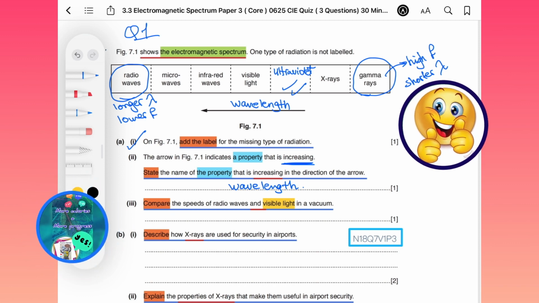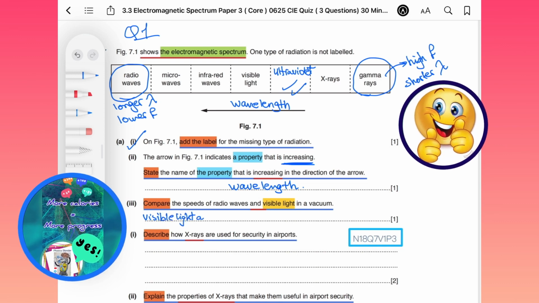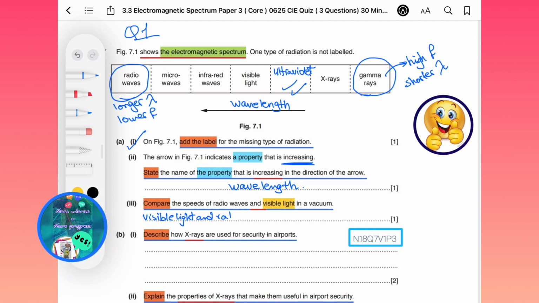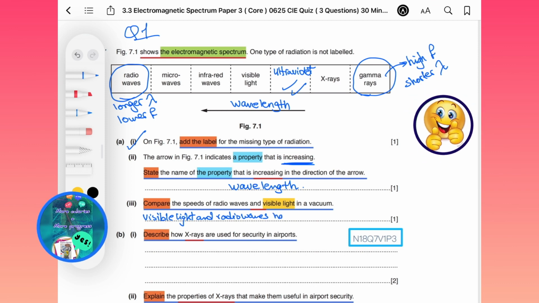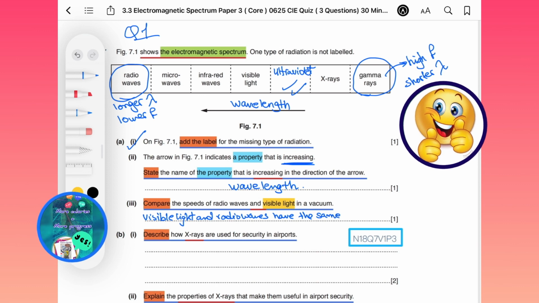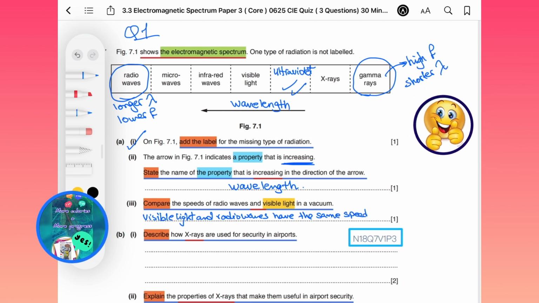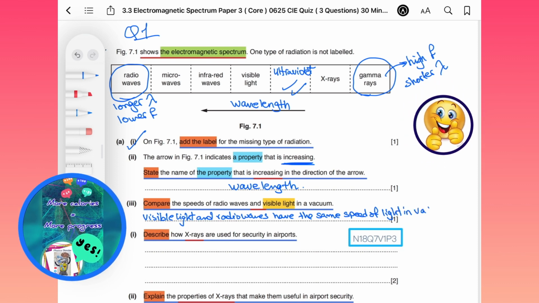So you have to write down visible light and radio waves have the same speed of light in vacuum.